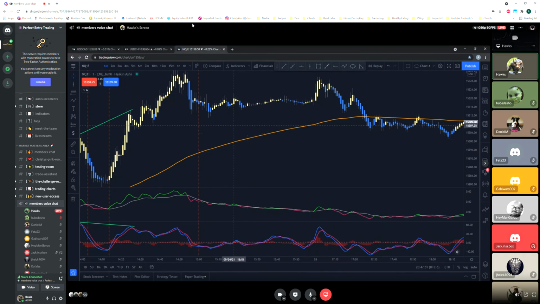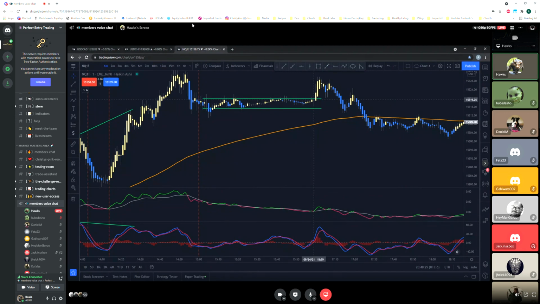Something you could do, if you want to escape consolidation, is draw a straight line down through here, and wherever it breaks out from, that's the direction your trade is going to go. You can do these parallel lines right here and just monitor and wait.